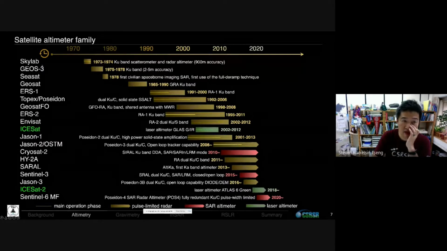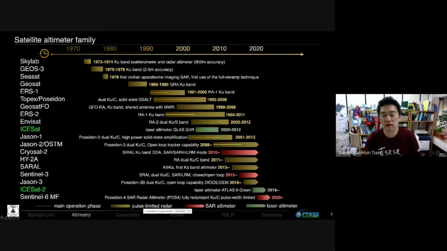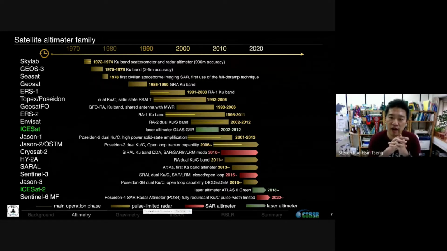Since Skylab, they used a Ku band scatterometer and also a radar altimeter. But at that moment, the vertical accuracy was not good. It could measure the distance, but the accuracy was just sub-kilometer level. So basically, it's not as good as today's very high-end sensors.